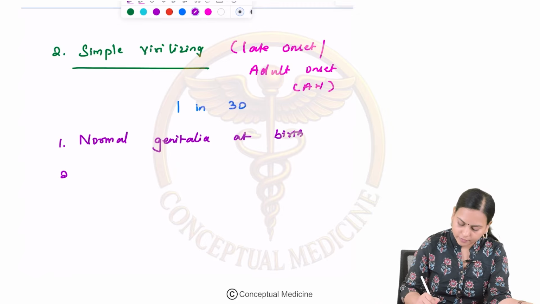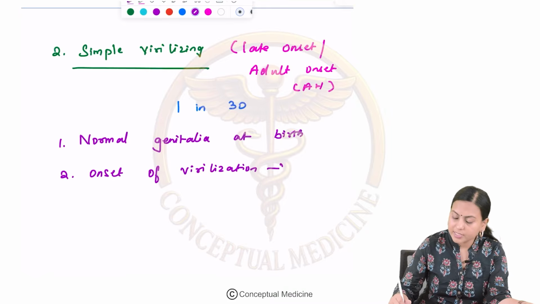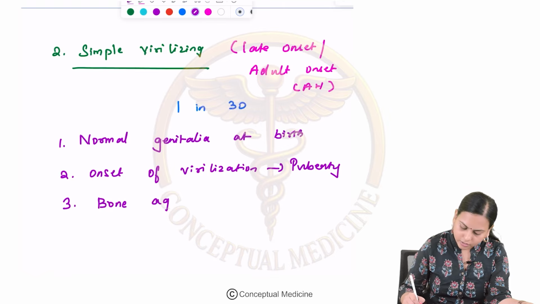Onset of virilization is usually seen at puberty, and in these people the bone age is more advanced. Clear?